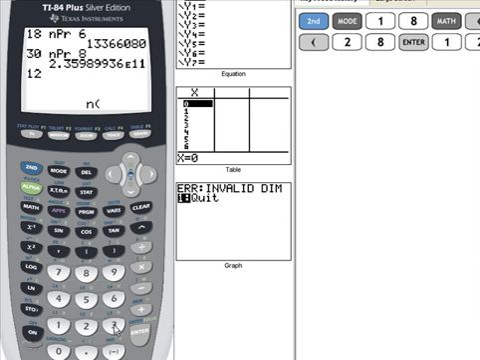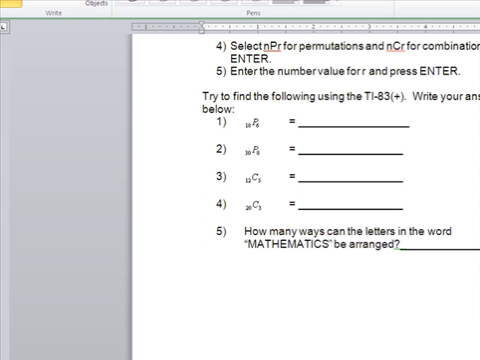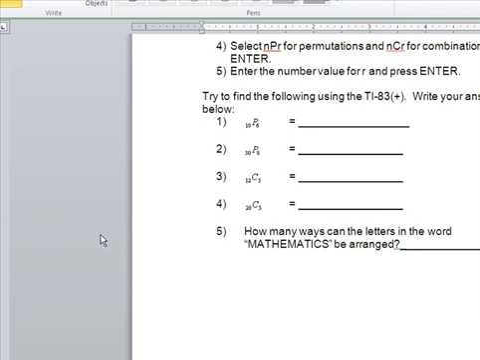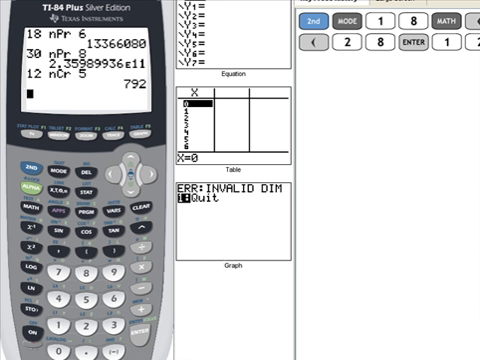Alright, combinations of 20 taken 3 at a time. So 20, math, we want to go to probability. Whoops, not 2. Let me go back. I need a 3. Taken 3 at a time. Okay. So 1,140.